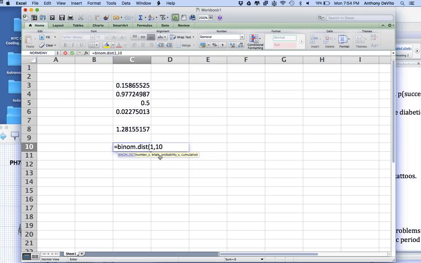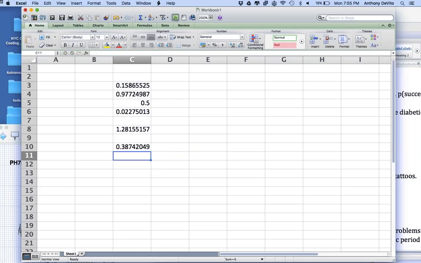10, right? We randomly select 10 patients. Comma, the probability of any one of them being a success, being a diabetic: 0.1. Comma, cumulative. I'm going to say false for now, and I'll explain later why. False is going to give me just the probability for exactly one person being diabetic.